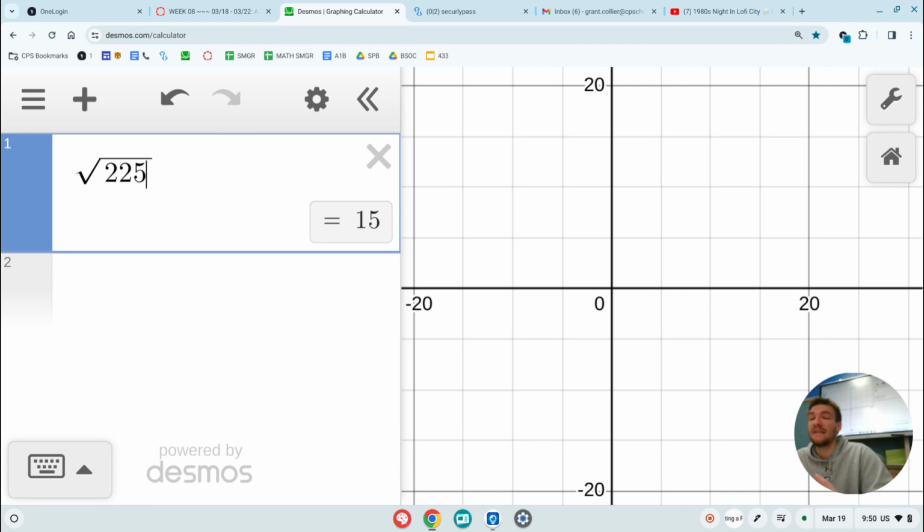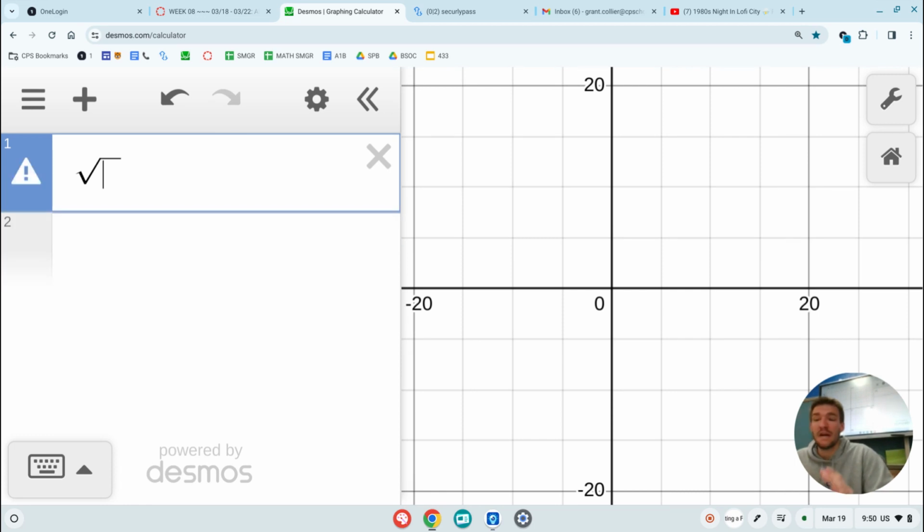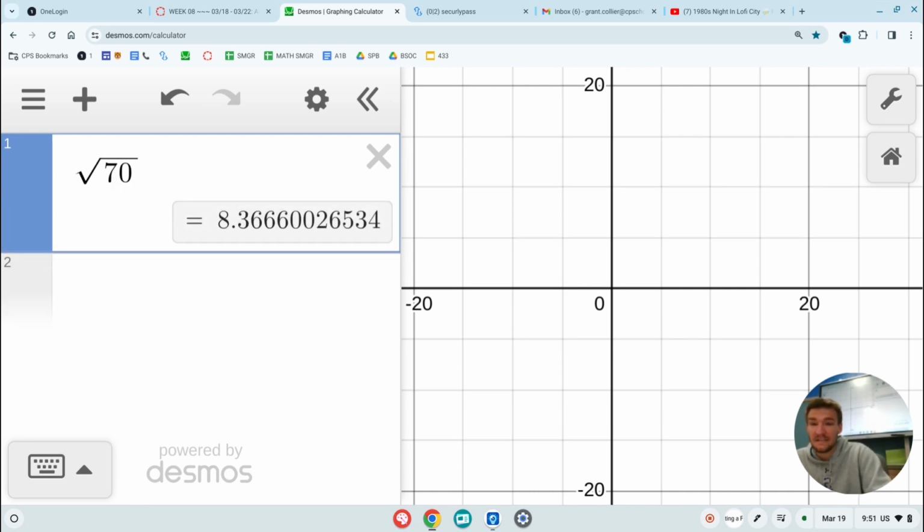Now, here's the thing about perfect squares. There's not a lot of them. For example, which number in the 70s is a perfect square? None of them. 70 doesn't work. 71, 72, 73, 74, 75, 76, 77, 78, 79.